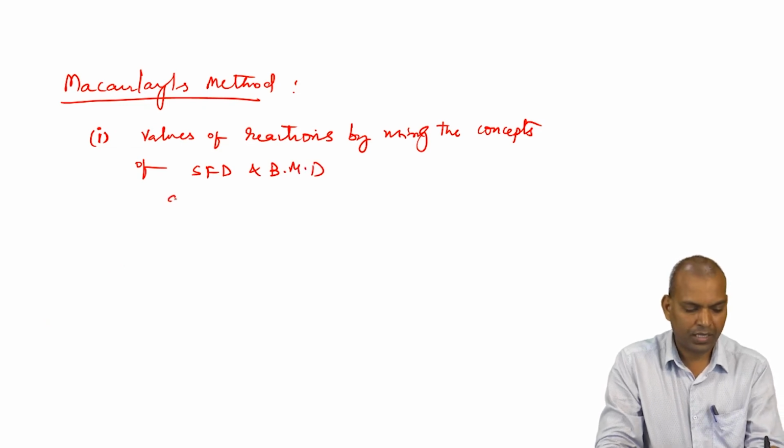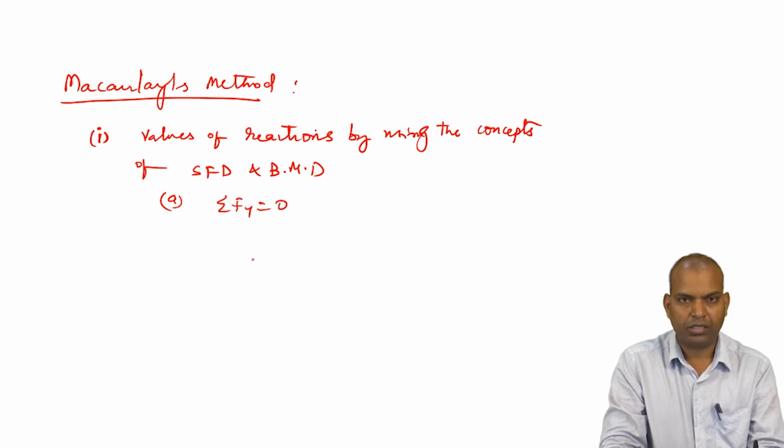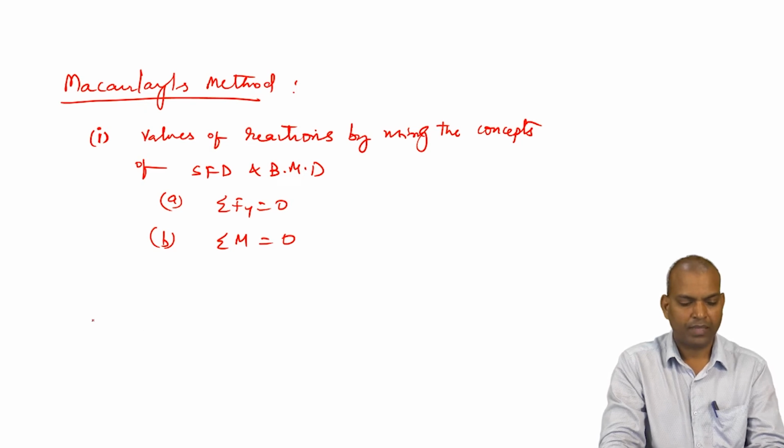What are they? Sigma Fy, the vertical forces, the algebraic sum of vertical reactions, equal to 0. The second equation is moment equilibrium.